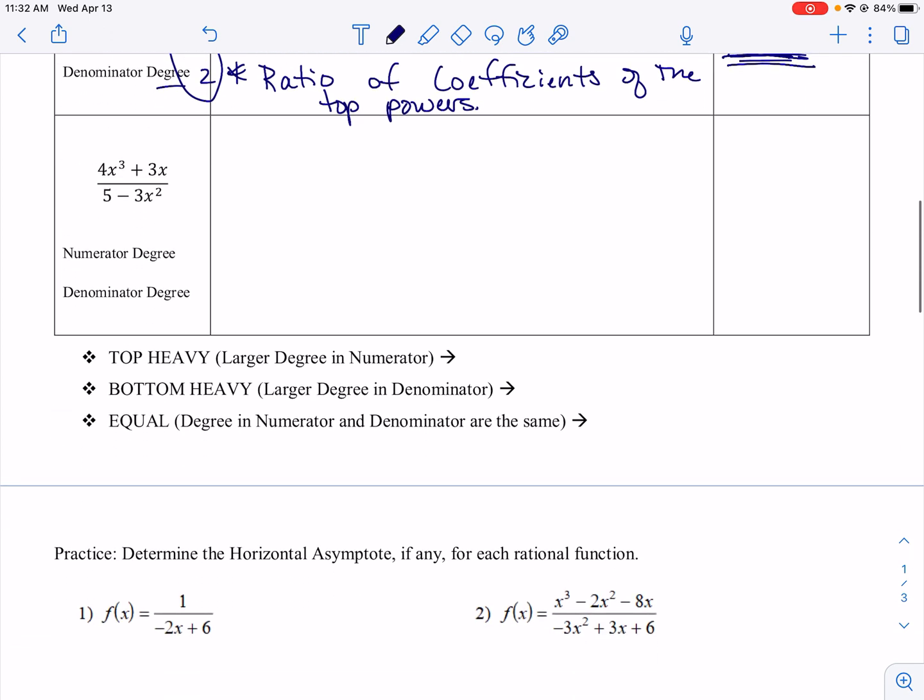The last situation is where the numerator degree is larger than the denominator. So the degree in the numerator is larger than the denominator.